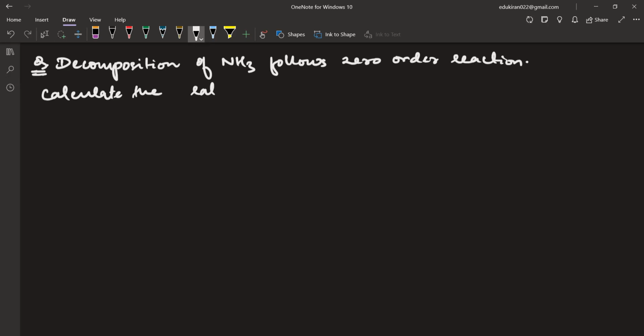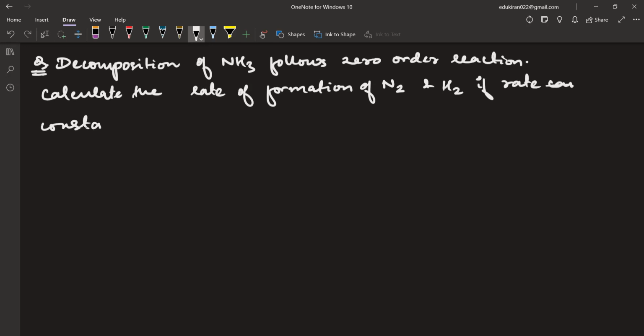Calculate the rate of formation of N2 and H2 if the rate constant is equal to 4 into 10 to the power minus 3 moles per liter per second.